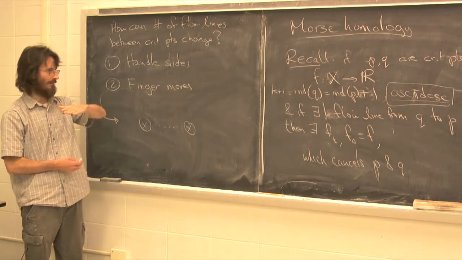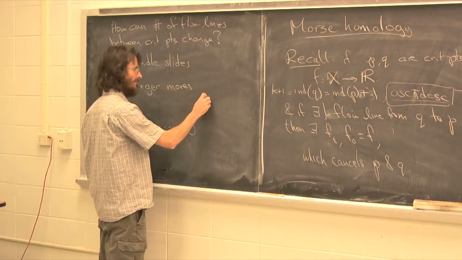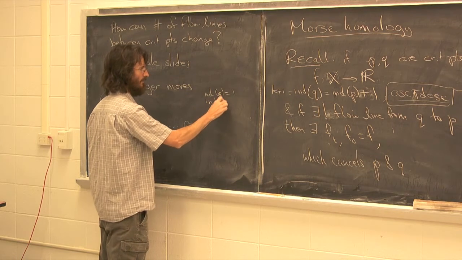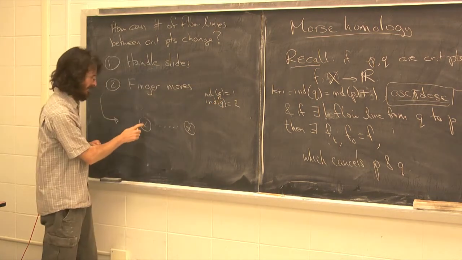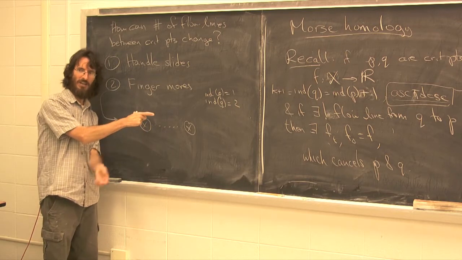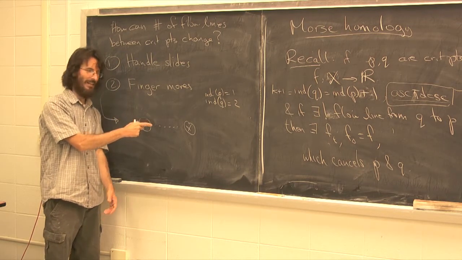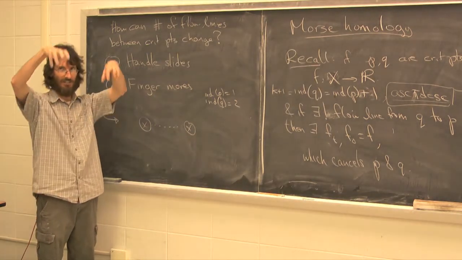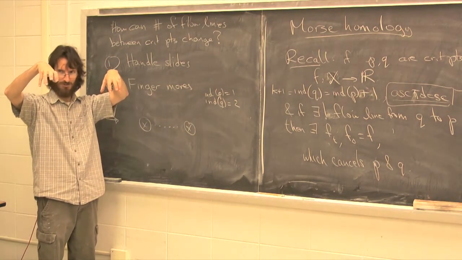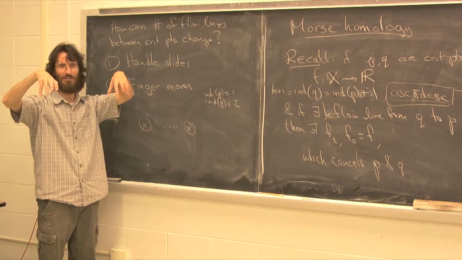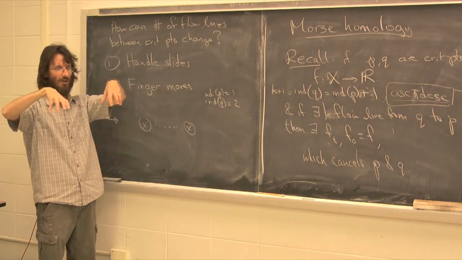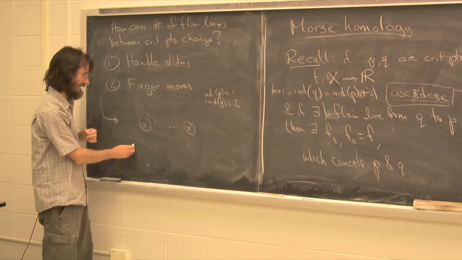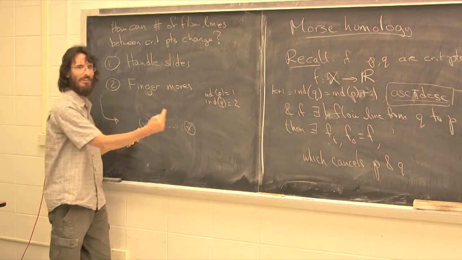I'm imagining index of P equals 1, and index of Q equals 2 for this example. So here's P interpreted as a 1-handle. I could think I'm drawing a picture in the level set below P of the attaching S^0 cross D^2 for that 1-handle. Or I could think that this is actually a picture of the level set above it, where the understanding is when you come here, you go over and you continue.